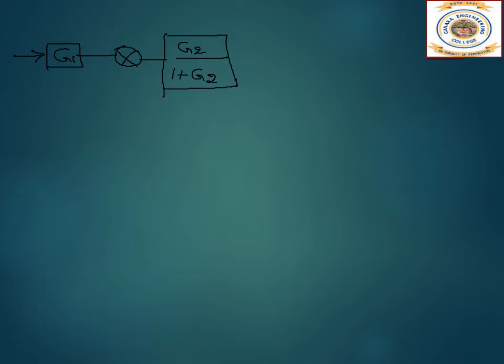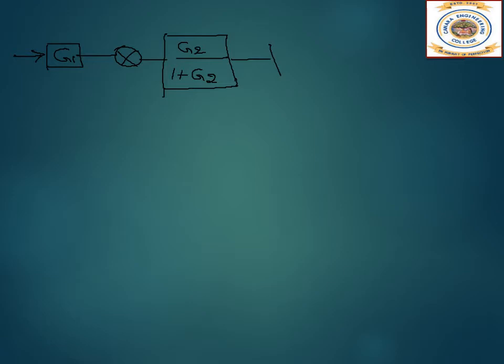Now solving those two things, let me write here. So this G1 as it is, then the summation point will remain, and we have solved this. So we have here G2, and G of S divided by 1 plus G of S H of S for negative feedback. So 1 plus G2, H of S is 1. So G2 by 1 plus G2.